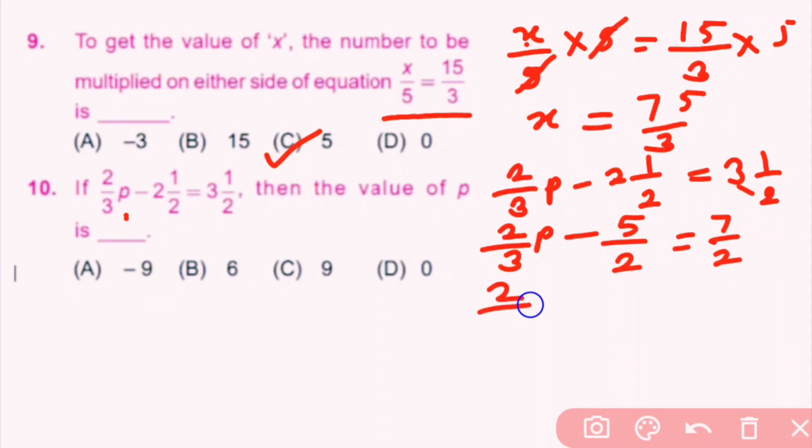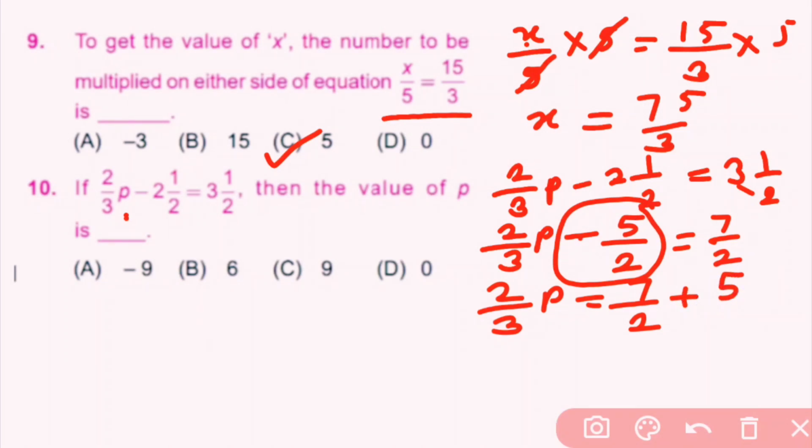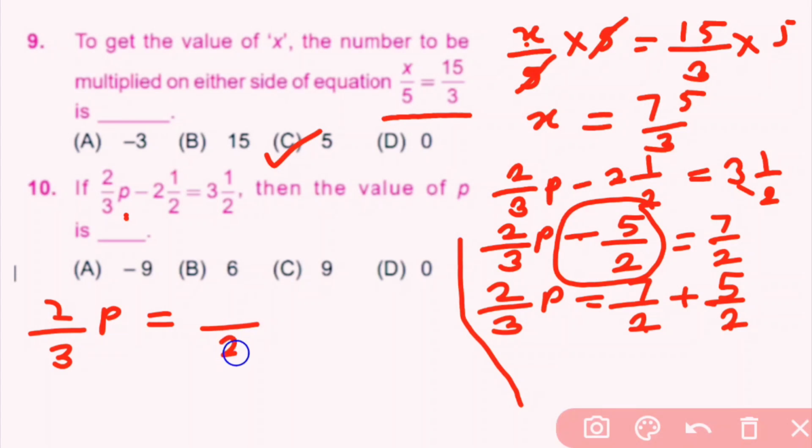Now 2 by 3p is equal to 7 by 2. Here this 5 by 2 has a minus sign, so it will become plus. So here 2 by 3p is equal to, here the denominators are the same, so we can add, 7 plus 5 is 12.